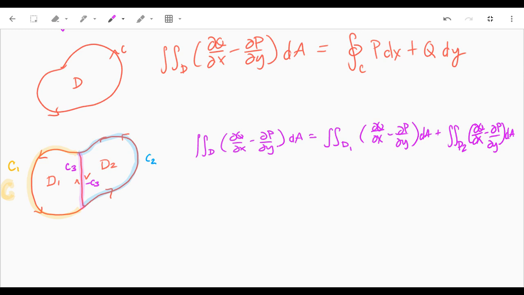Okay, and so now we can split those up into their line integrals. So we would have the integral over C1 and C3. You know what, I'm just going to start calling that middle part star, so I don't have to keep rewriting it.